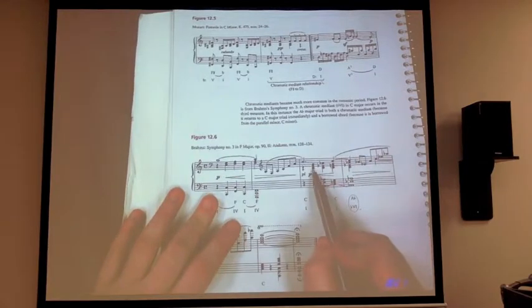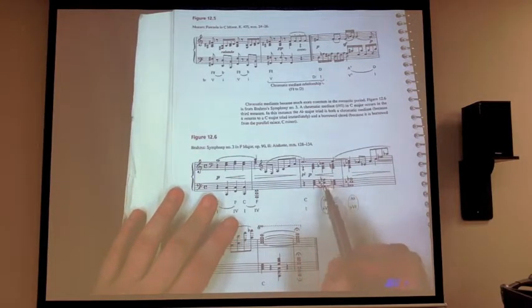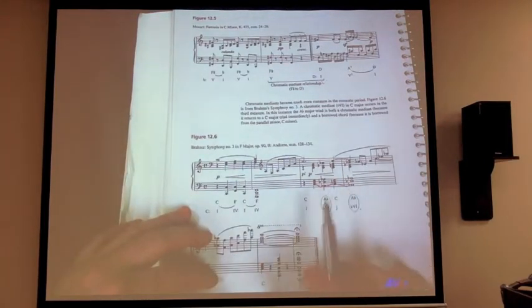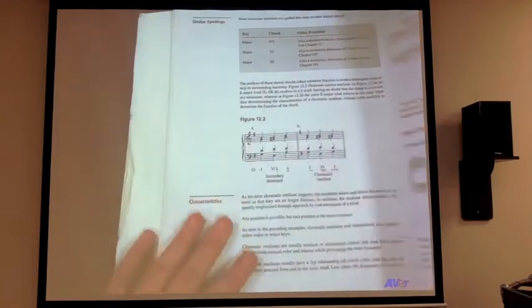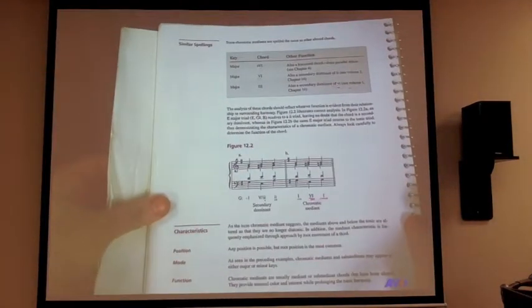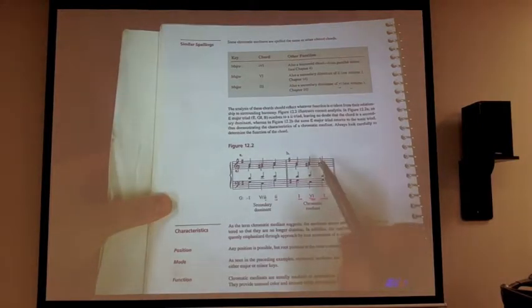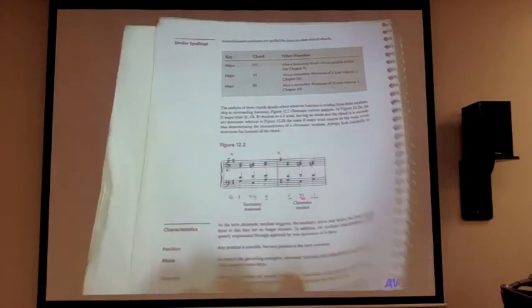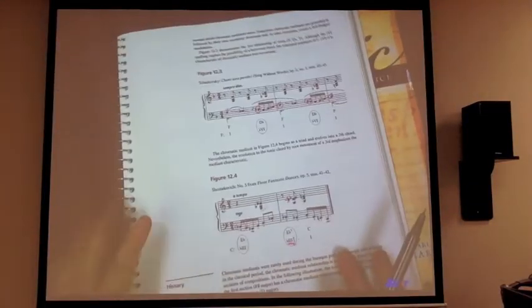So you've got E natural, E flat, back to E natural. So that movement right there, and then right back to E flat. So that chromatic movement, very common. You'll even see it in this little example right here. In our chromatic mediant, we go from G to G sharp, back down to G natural. So look for that movement as well.